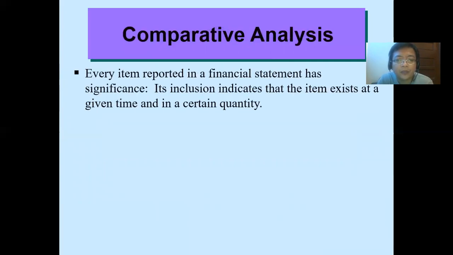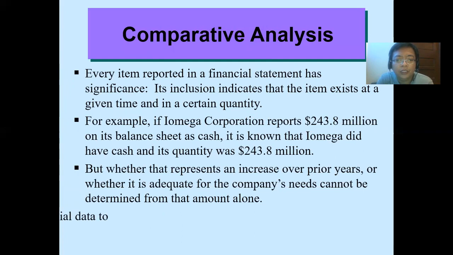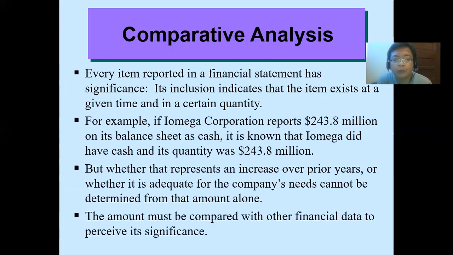Number one, when you say comparative analysis, it is very important to consider the reporting FS: your income statement, your balance sheet, your cash flow, your equity, and your notes to FS.